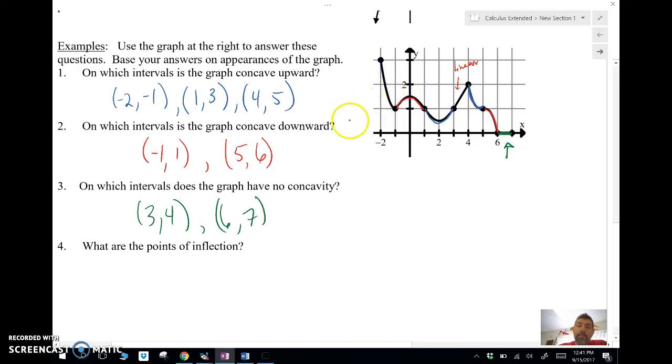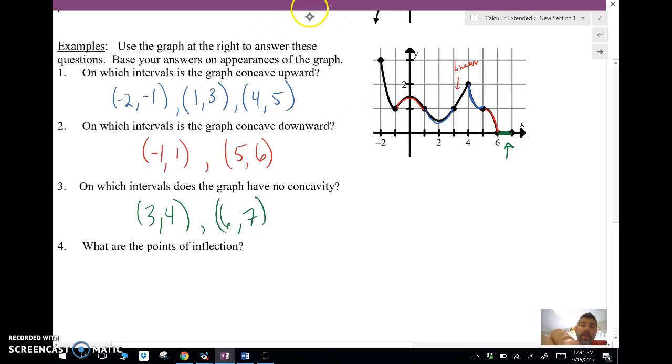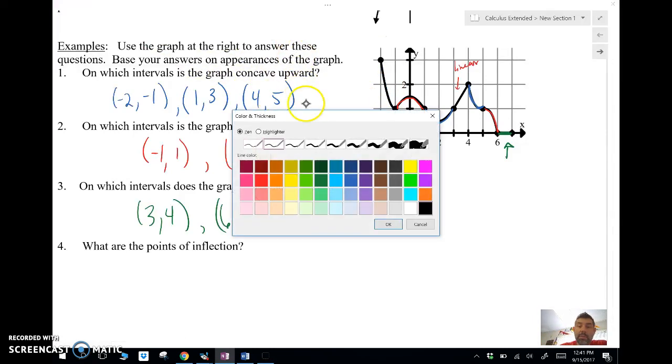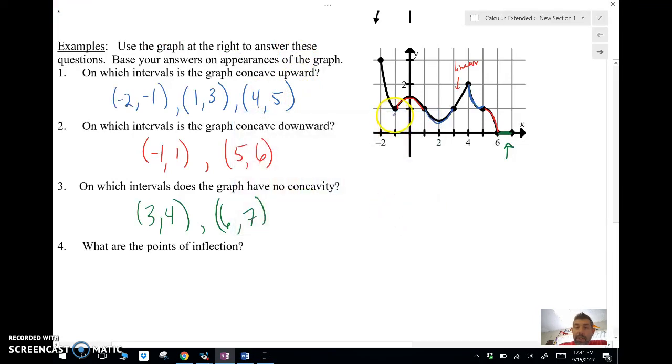Let's use a different color, purple. Right here, there's a sharp turn, and the sharp turn makes it not differentiable, so that's not an inflection point. Right here, this is a good inflection point. So we've got a point of inflection at (1, 1).